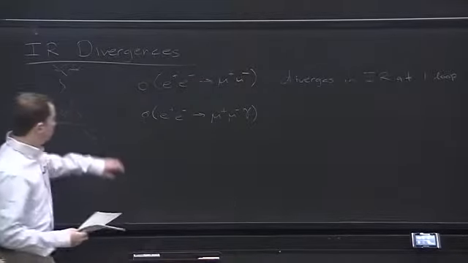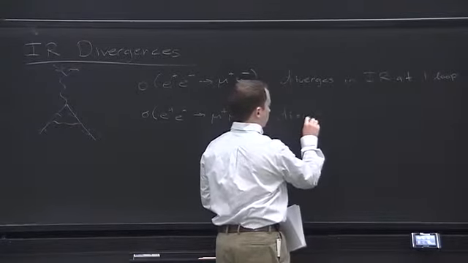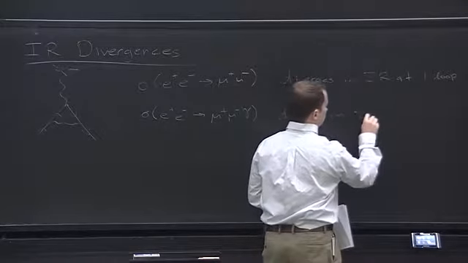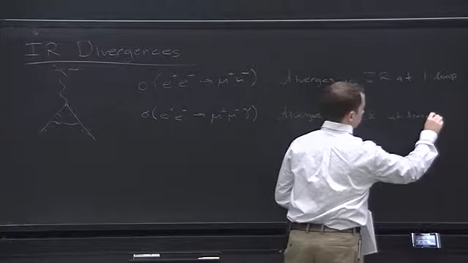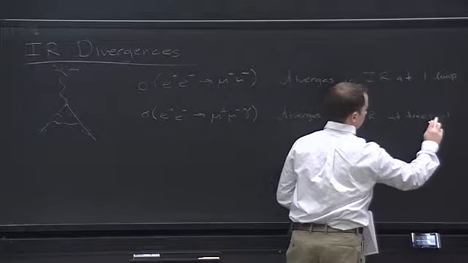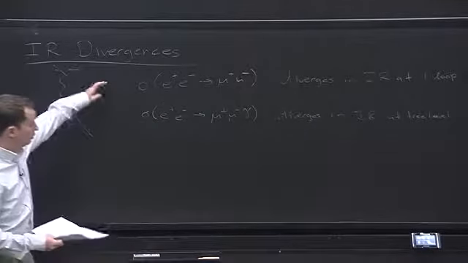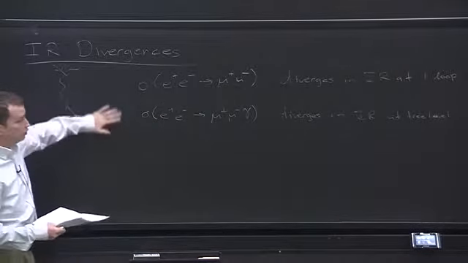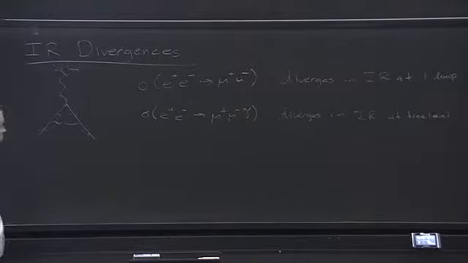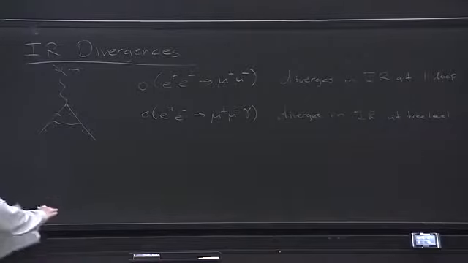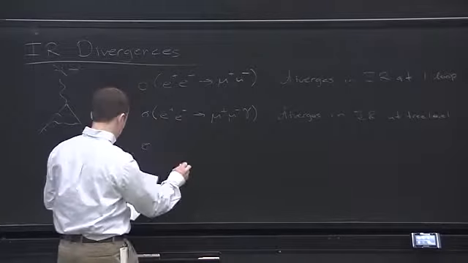And we'll see that this cross-section also diverges in the IR at tree level. And the divergences between these two cross-sections will cancel in a way that I'll explain later in the lecture. So just to give you a preview, what's going to turn out to be finite is the sum.